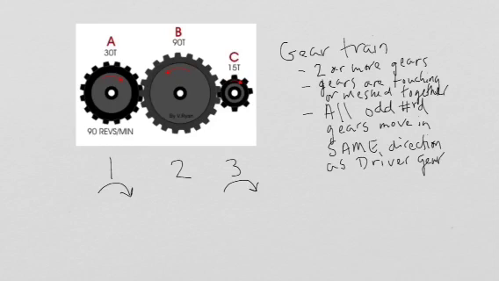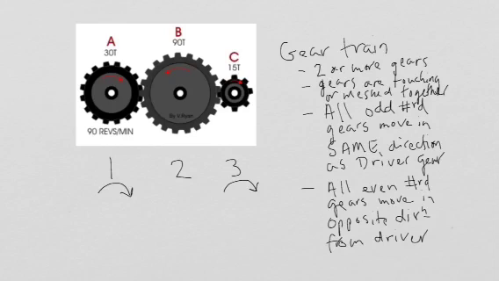Any of the even numbered gears will always move in the opposite direction from the driver. So if we look at gear number 2 here, and if there were 4, and if there were 6, and 8, and 10, they would all be going counterclockwise or in the opposite direction from the driver gear. So this guy here goes in this direction.